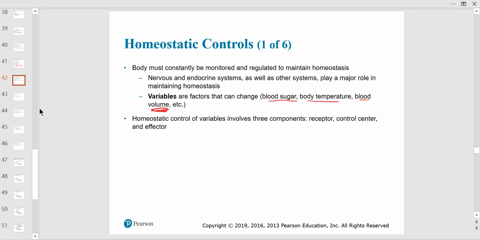So here are the parts of a control center. Well, not a control center, a homeostatic control, or I like to call them feedback mechanisms. The first thing you need in the mechanism is a receptor, like a sensor.